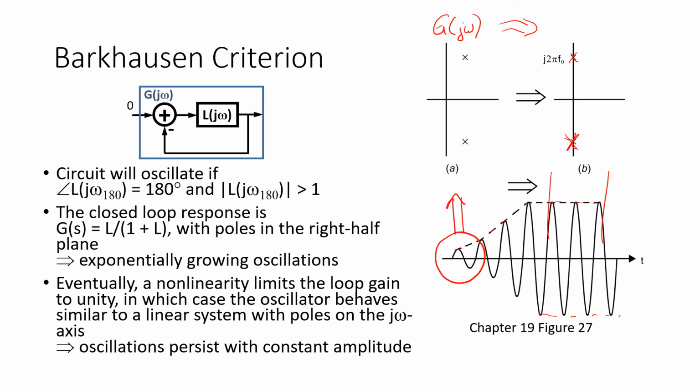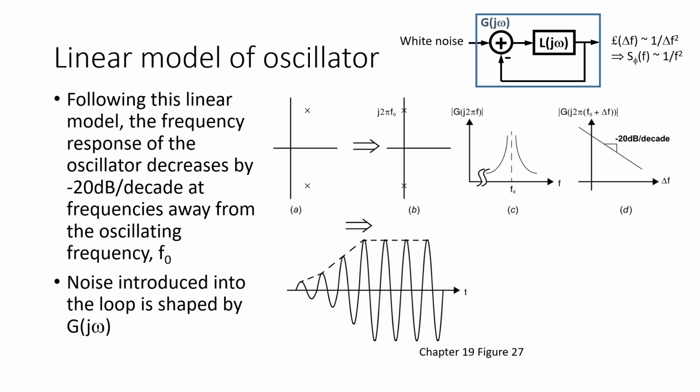So you can imagine that this is happening when the closed loop poles of G end up lying exactly on the j omega axis. In this condition, where the poles of G lie right on the j omega axis, it has a frequency response as shown here. These poles cause the magnitude response of G to shoot up to infinity right at the frequency f0, which is the frequency of these poles on the j omega axis and is the frequency of steady state oscillations.